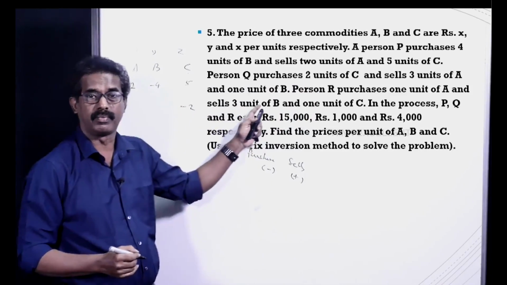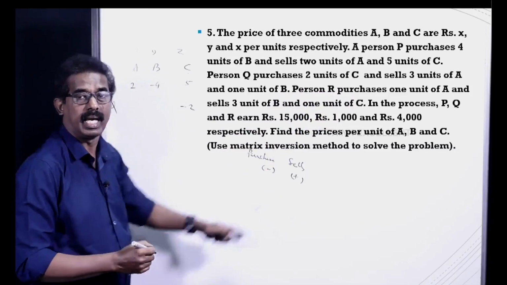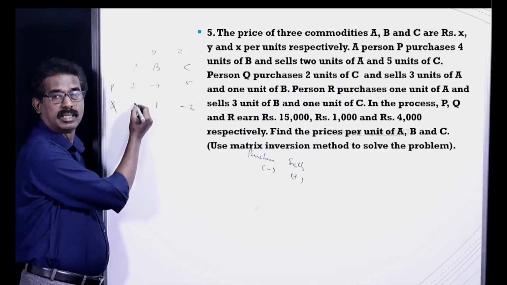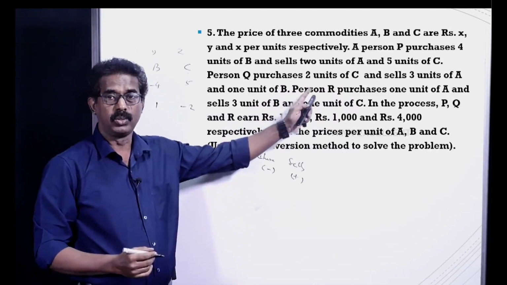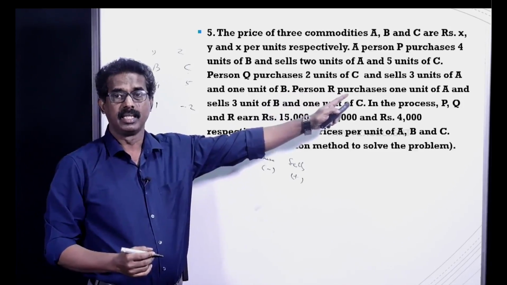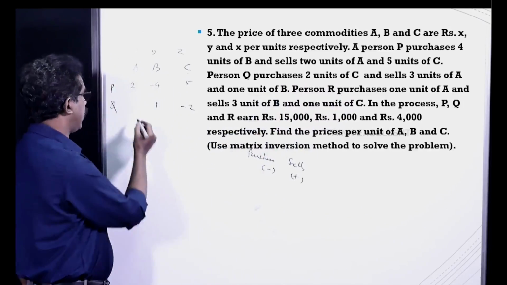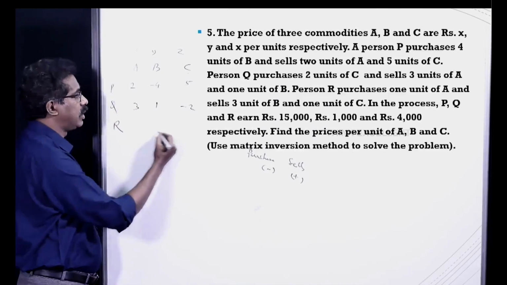Purchases 2 units of C and sells 3 units of A and 1 unit of B. And like that, one more person R also they have given.